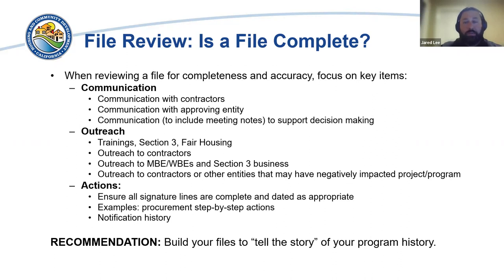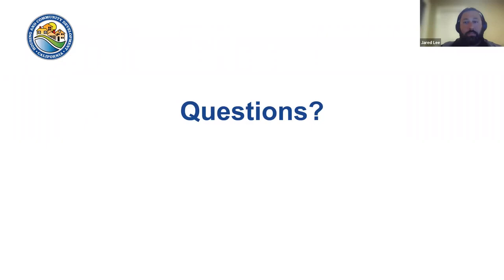Record keeping is still one of the primary, common findings for monitoring reviews. That's really where a lot of things can sometimes be a challenge for entities when implementing their program. So with that, I will go ahead and pass it back over to Sergio to address any questions.